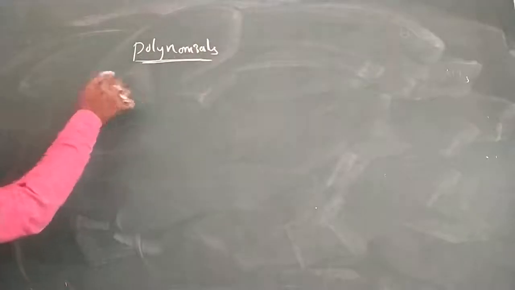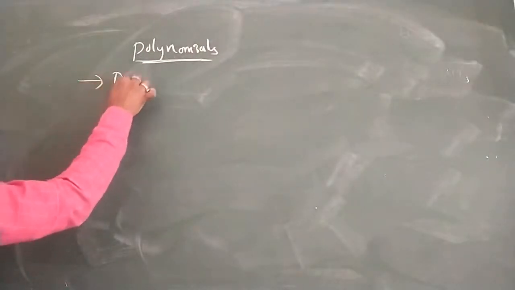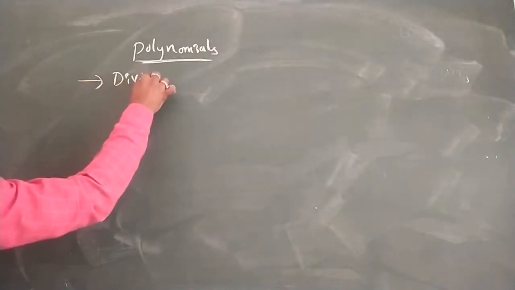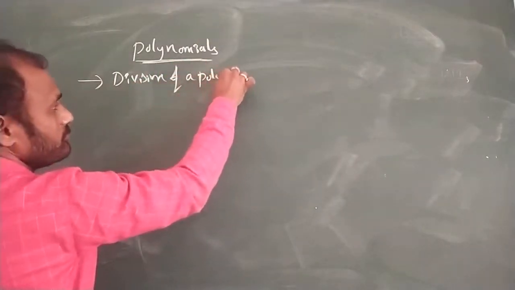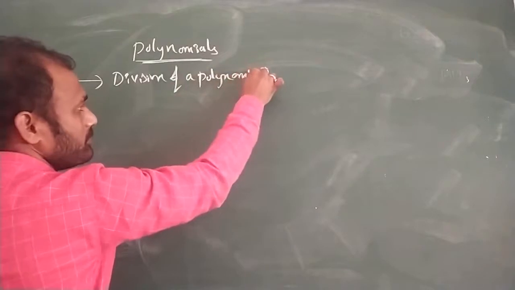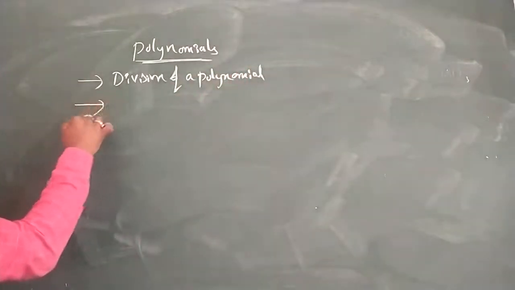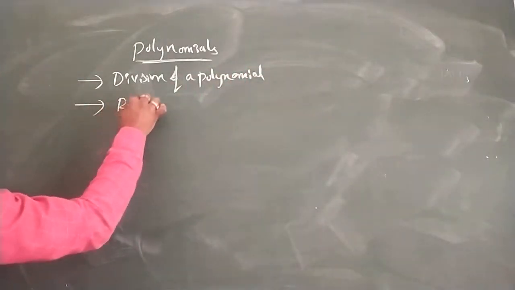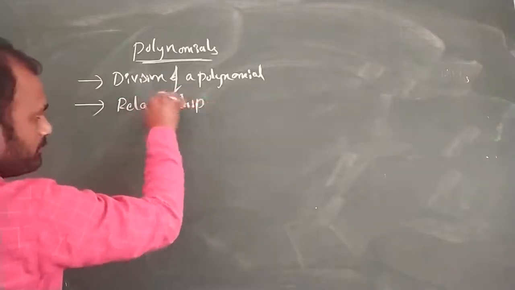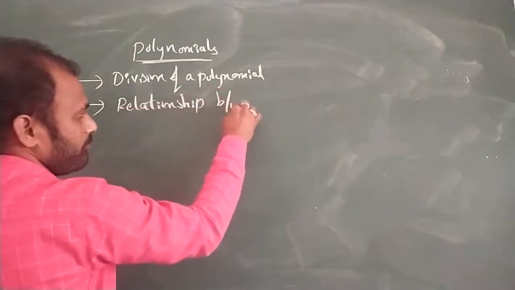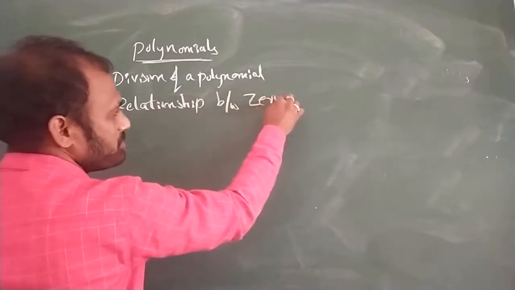So in this chapter, so far we have learned how to do a division of a polynomial, and we have established the relationship between zeros and coefficients.